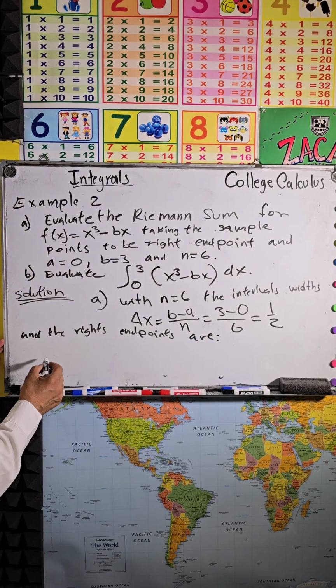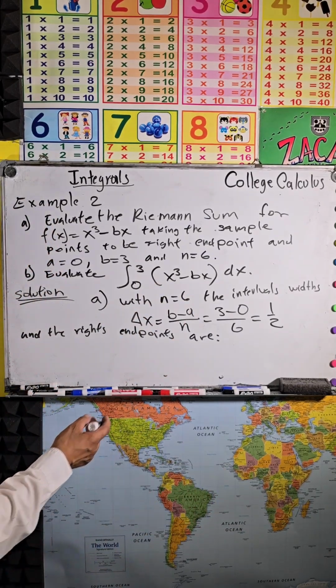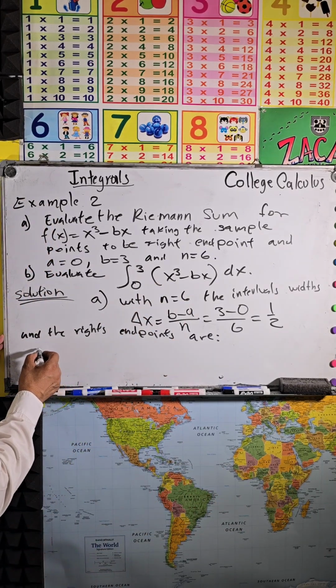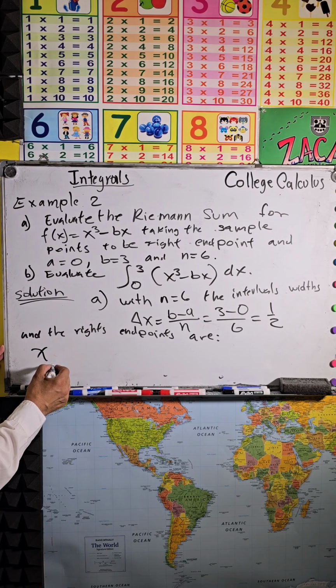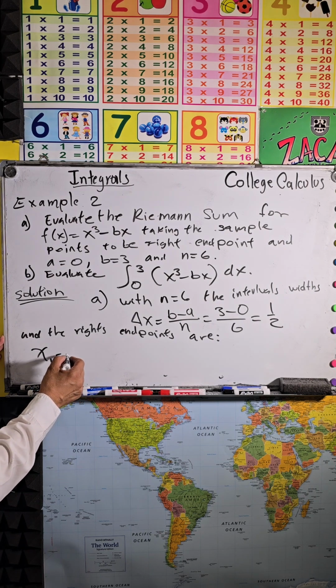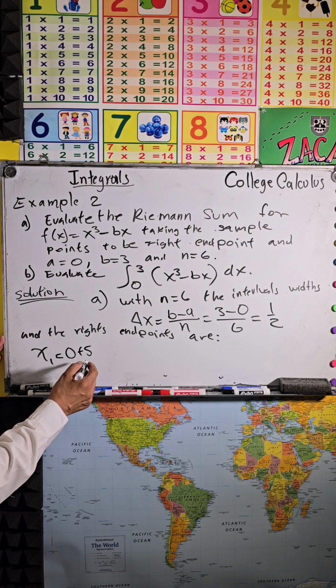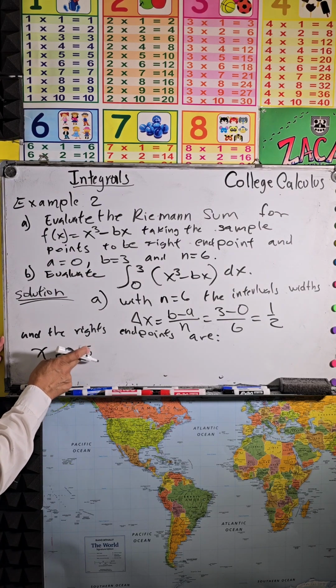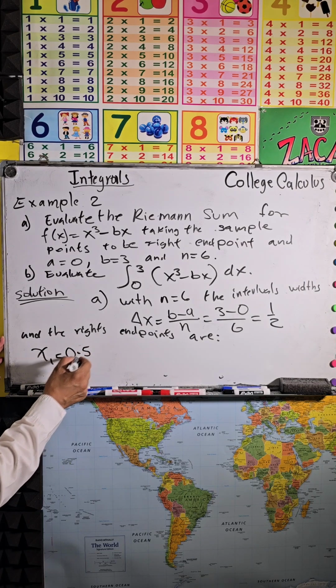I will erase the problem because I don't have enough space here. We have x1 equals 0 plus 0.5, endpoint 0.5.